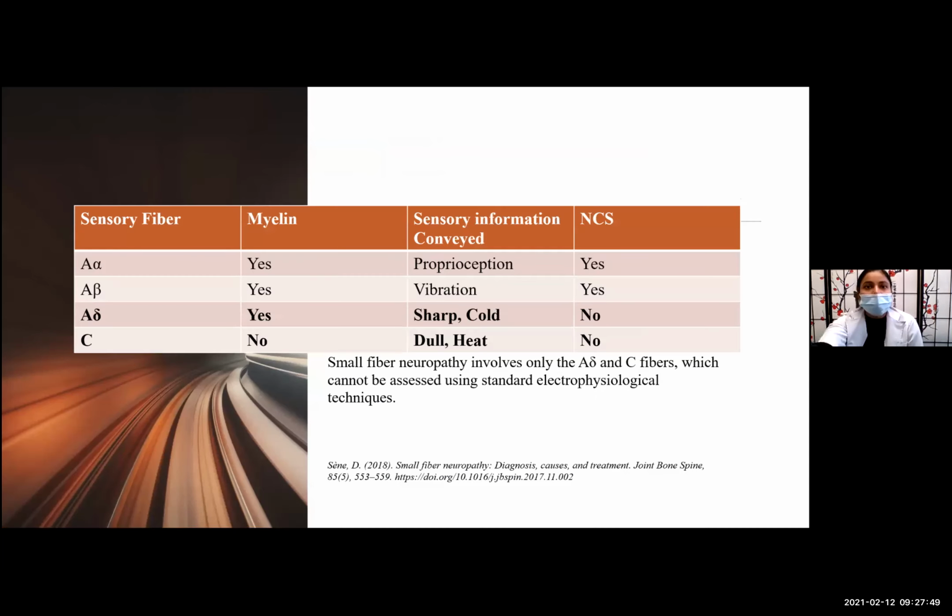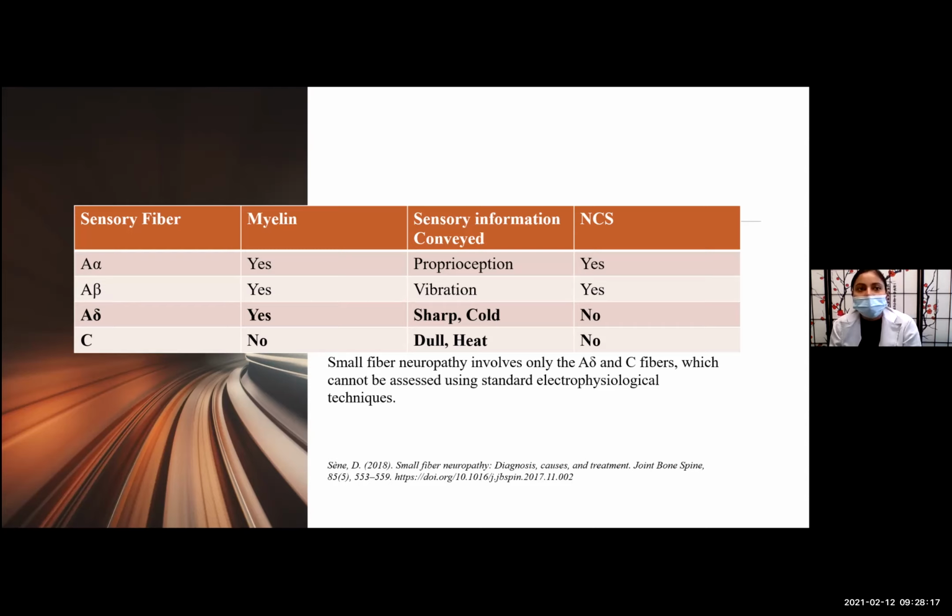So to go in further, what we're focusing on in small fiber neuropathy are the A delta fibers and the C fibers. This table shows you the sensory fibers involved generally in neuropathy, but what we're focusing on is the A delta fibers and the C fibers.